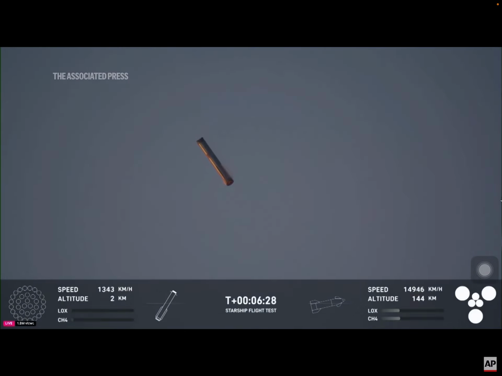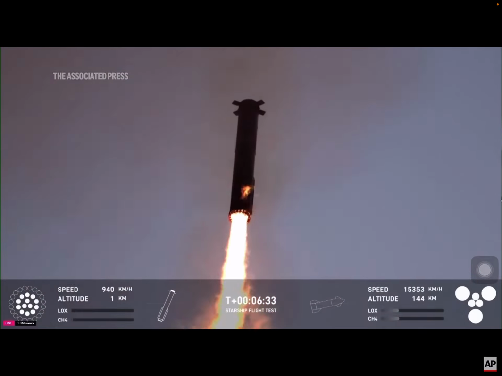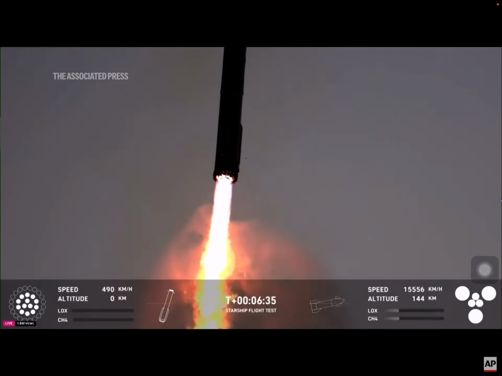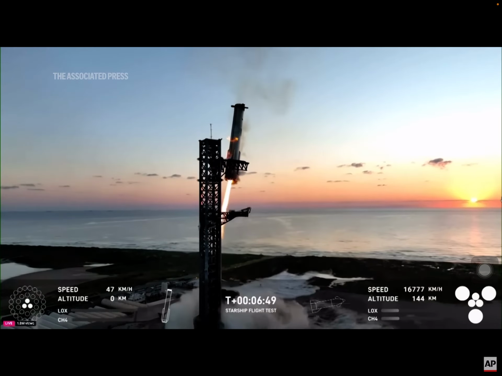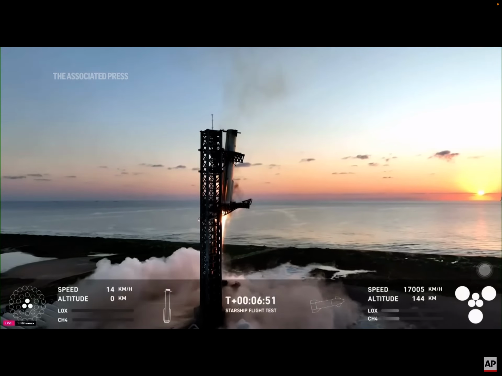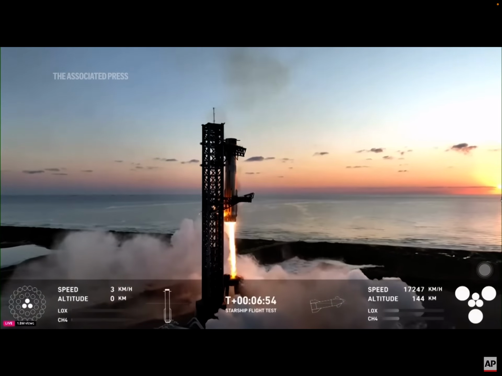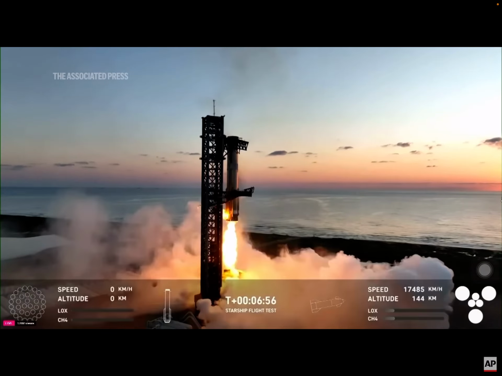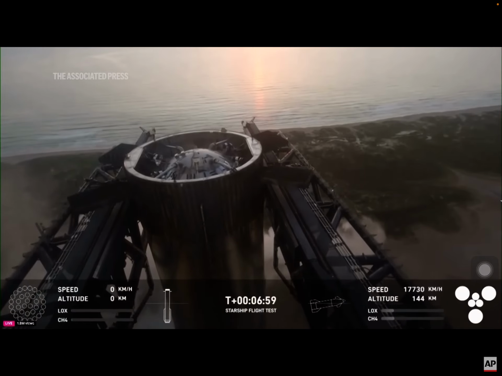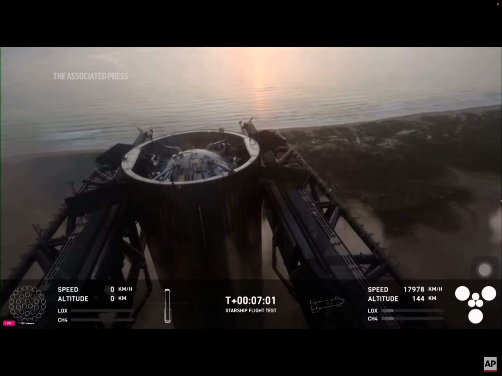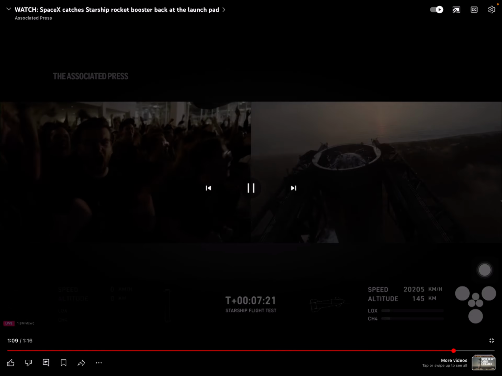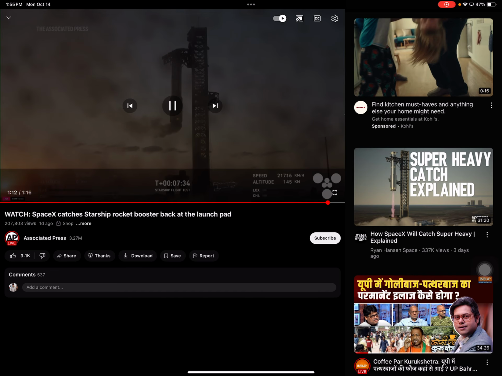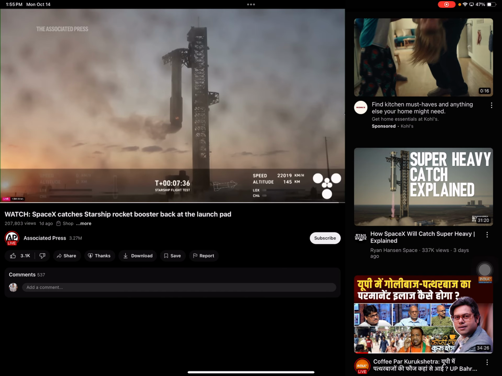Landing burn. 13 engines. Booster entry burn shutdown. Mechazilla has caught the booster. What an incredible deal! That's $100 million snatched out of the sky.